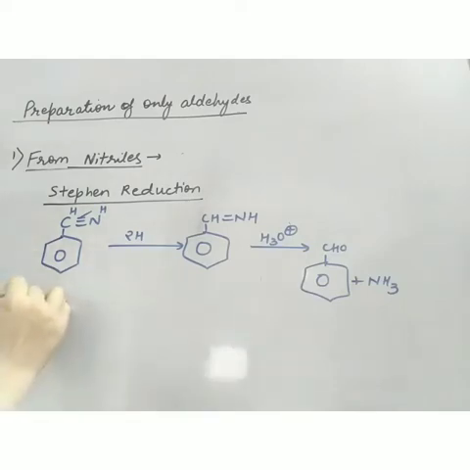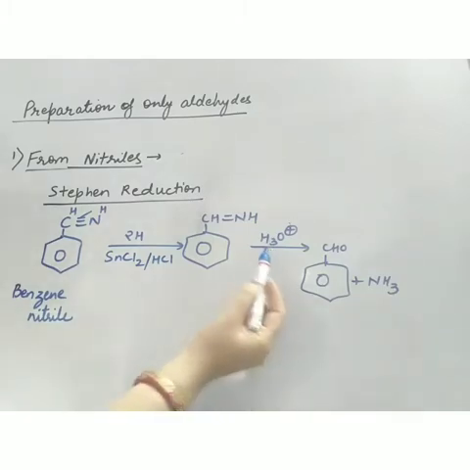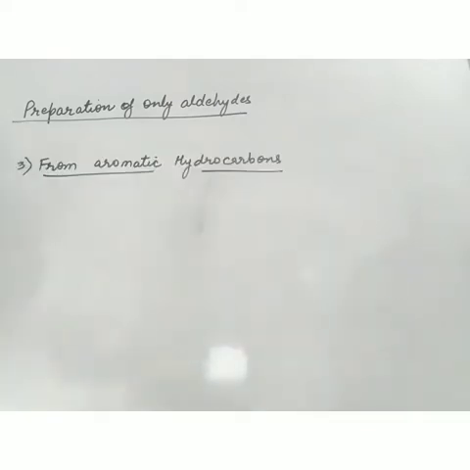The compound which I have taken is benzene nitrile. First there is reduction. The reducing agent we use is SnCl2 in the presence of HCl. Imines are formed, subjected to hydrolysis. So this CH part changes to CHO, and this compound is benzaldehyde.